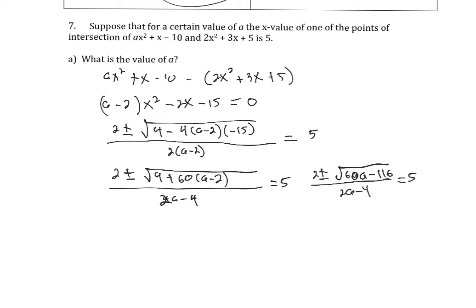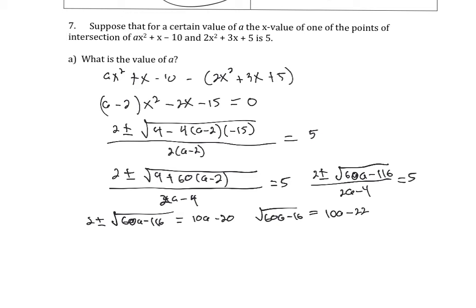So we'll multiply both sides by 2a minus 4 to get 2 plus or minus the square root of 60a minus 116 is equal to 5 times 2a minus 4, or 10a minus 20. We'll add the negative 2 to both sides, and we get square root of 60a minus 116 is equal to 10a minus 22.